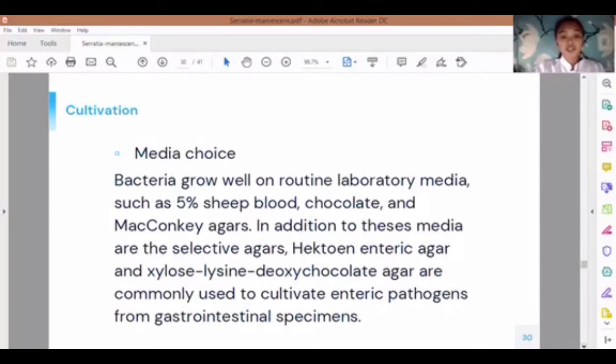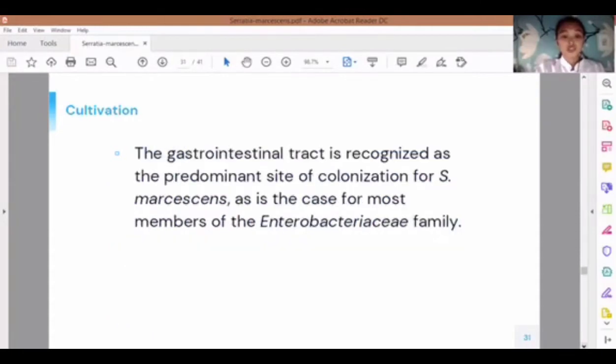It is mentioned here about the use of the gastrointestinal specimen because the gastrointestinal tract is recognized as the predominant site of colonization for Serratia marcescens, as is the case for most members of the Enterobacteriaceae family.